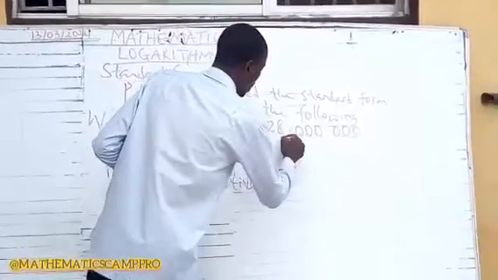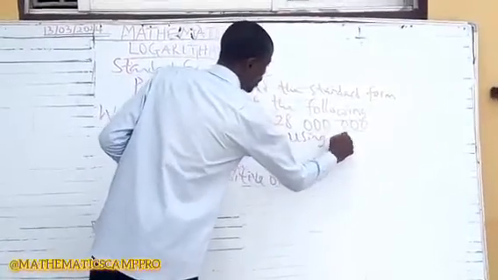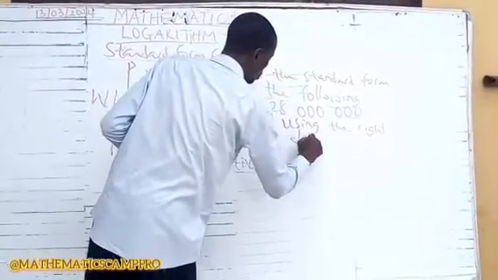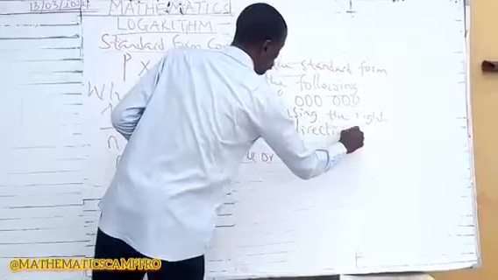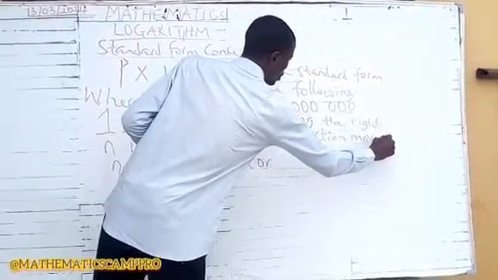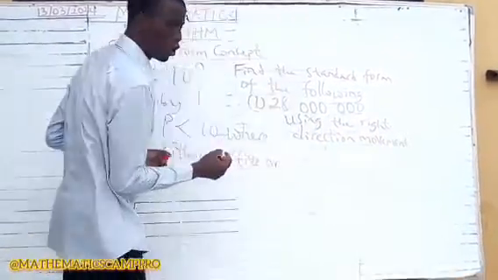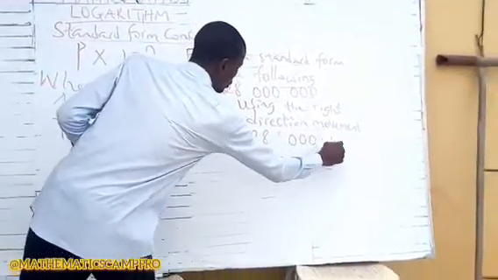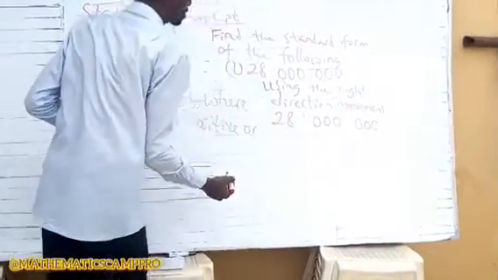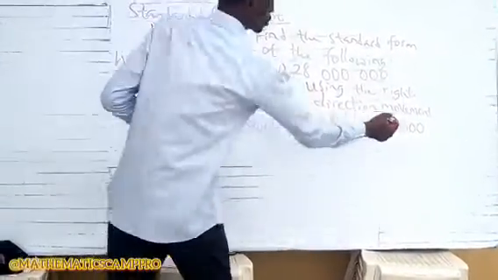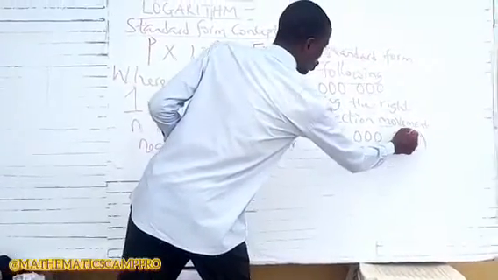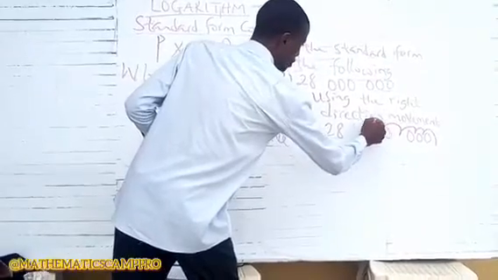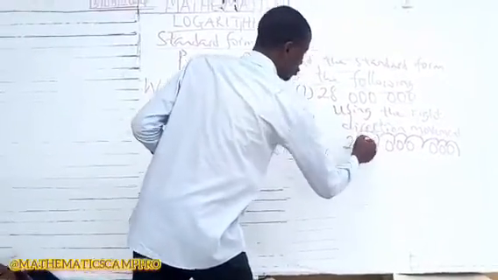Now I'm using the right direction movement. I want you to follow me. Now we have 28, then 00, then 00. Now look at the right direction movement: 1, 2, 3, 4, 5, 6, 7.